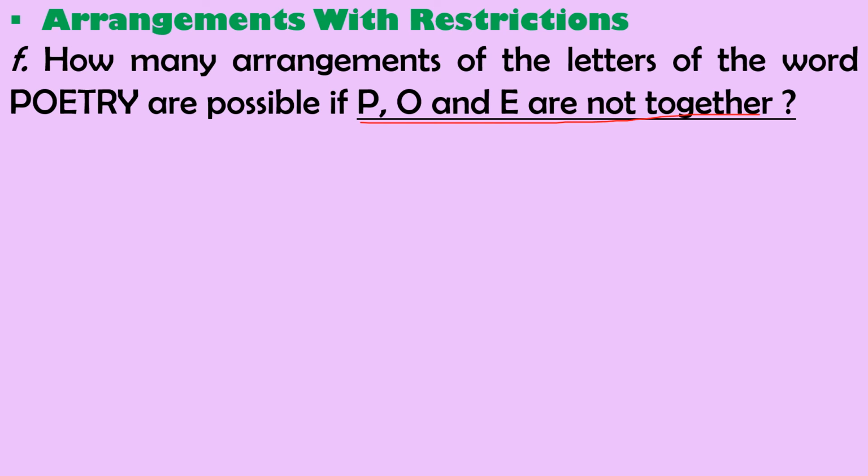To get our answer, we need the total, which we already got in letter A, and our answer in letter E, because in letter E, we asked for the arrangements possible if P, O, and E are together. So this time we need to get if P, O, and E are not together. So let us recall our answers.